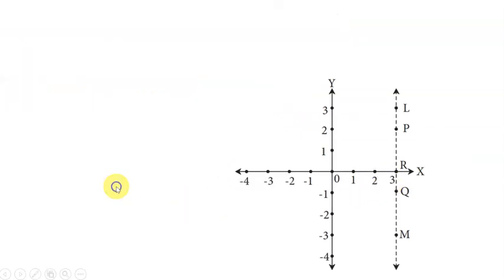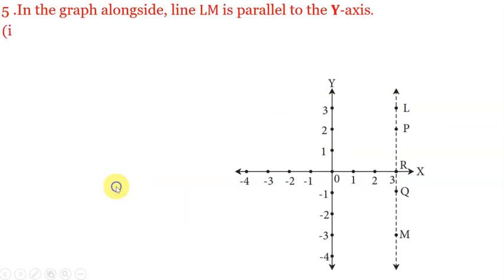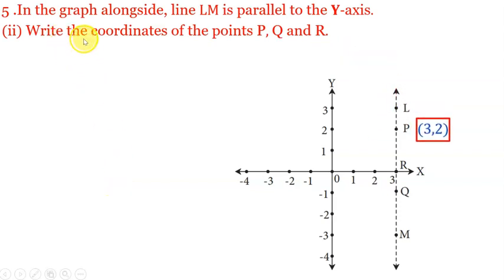Okay, now next, write the coordinates of the points P, Q, R. Now look at the coordinates of P: here x is 3, y is 2, so the coordinate of the point P is (3, 2). Next, the coordinate of the point Q: here Q has x coordinate 3, y is -3.